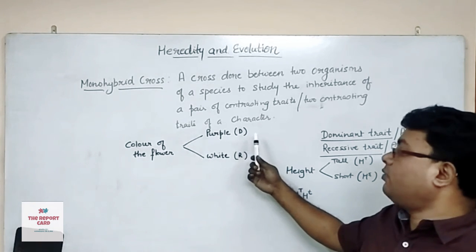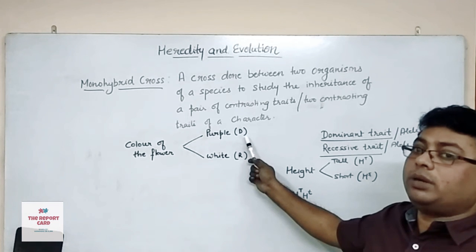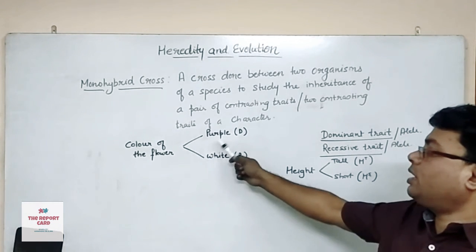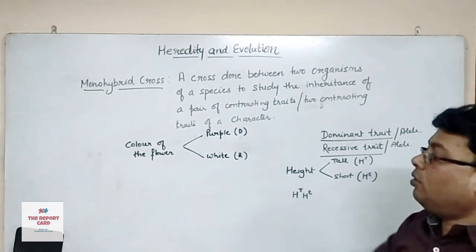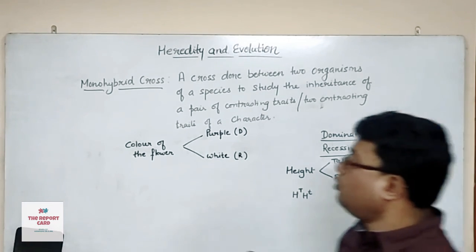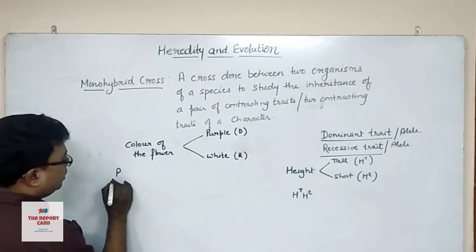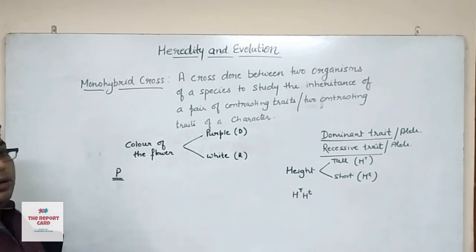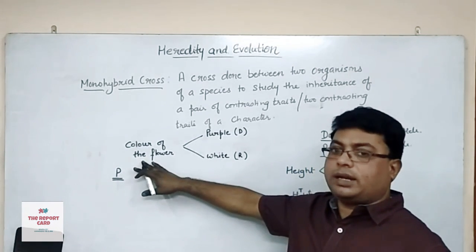So I told you that we are going to use the first letter of the dominant trait. Okay, so the first letter of the dominant trait over here is what? P, that is purple. So I have decided that I am going to use the letter P to write down the alleles of this particular character.